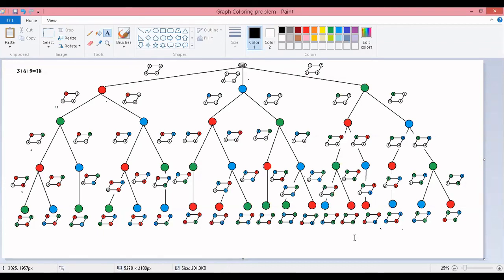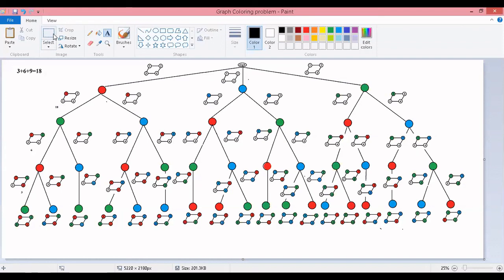But totally in the state space tree, how many solutions are there? Count the total number of graphs at the last level. See here, 1, 2, 3, 4, 5, 6, 7, 8, 9, 10, 11, 12, 13, 14, 15, 16, 17, 18. 18 varieties we can color this graph.